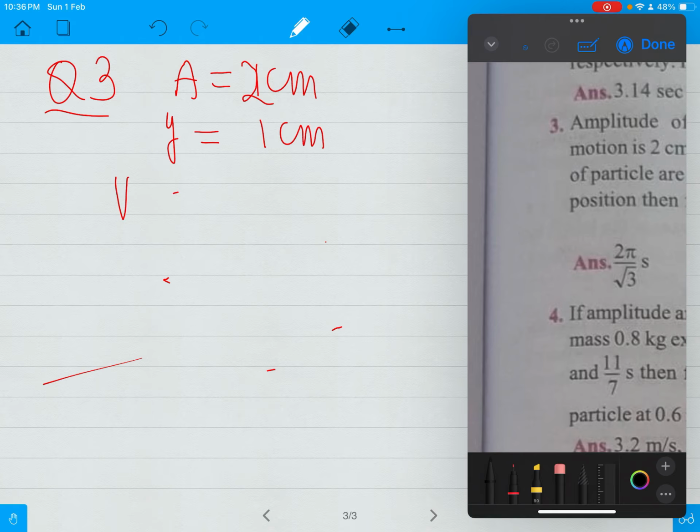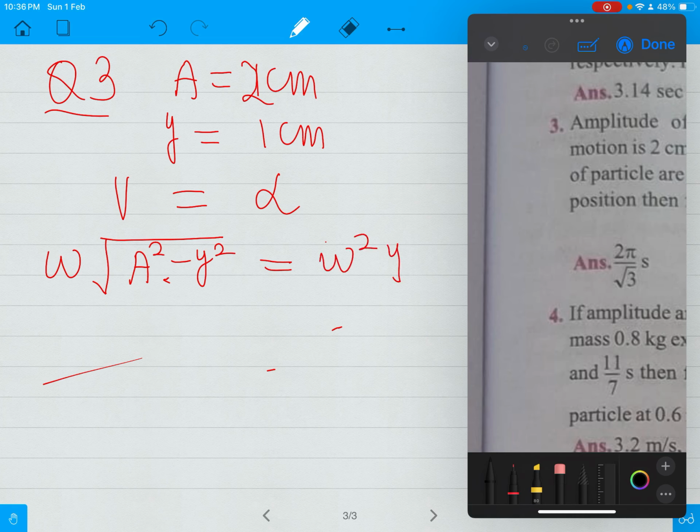Now velocity and alpha are both the same. What is the formula of velocity? You just write the formula. v equals omega root of (A square minus y square) equals omega square y. It is clear. There is no need to place the minus sign.